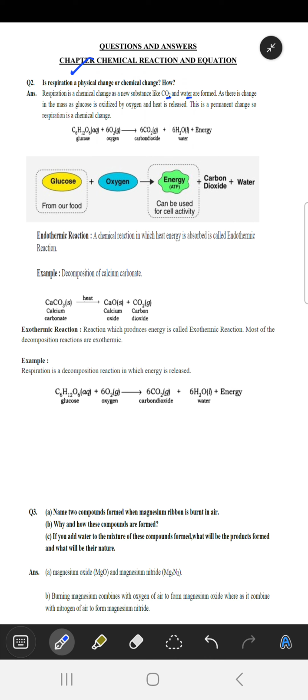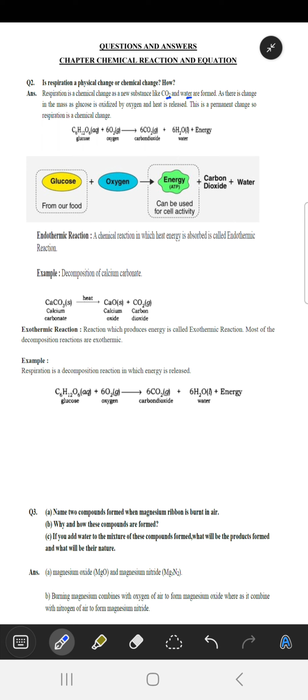And there is a change in the mass as the glucose is oxidized by oxygen and heat is released. This is a permanent change, so respiration is a chemical change.